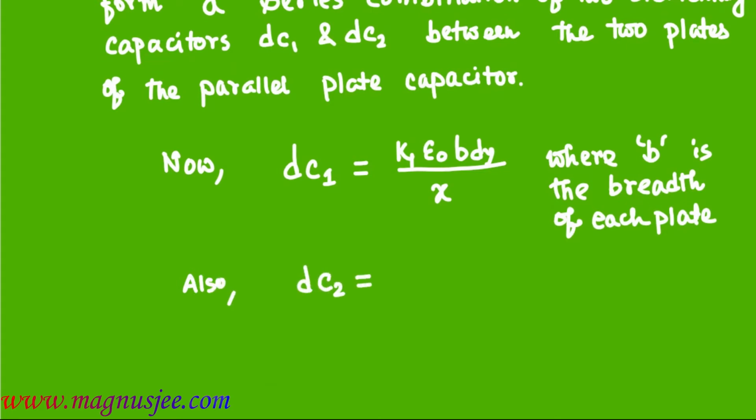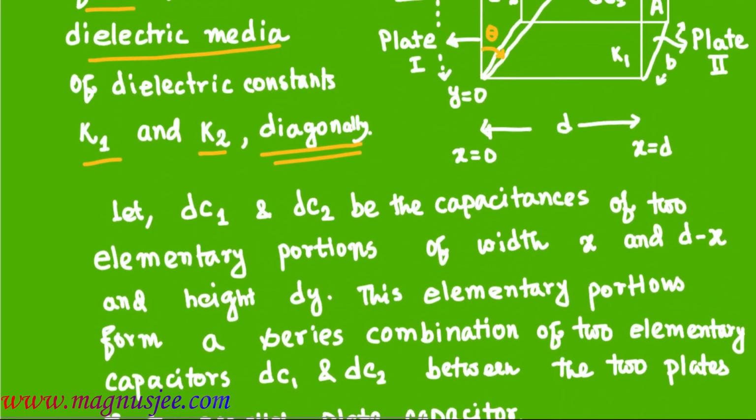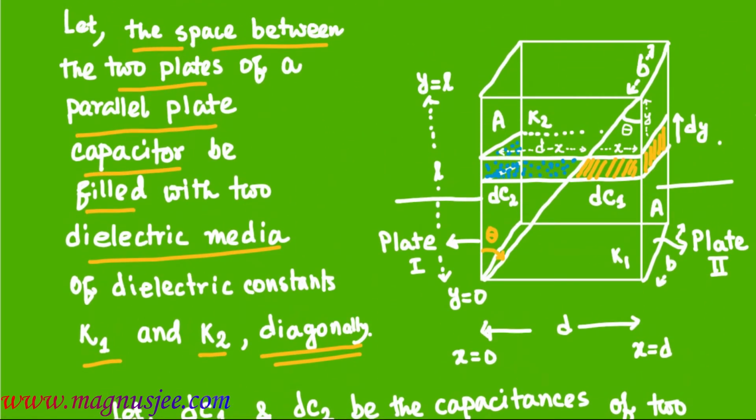Also dC2 equals k2 epsilon 0 b dy divided by d minus x. Here for the elementary portion having dielectric constant k2 and capacitance dC2.